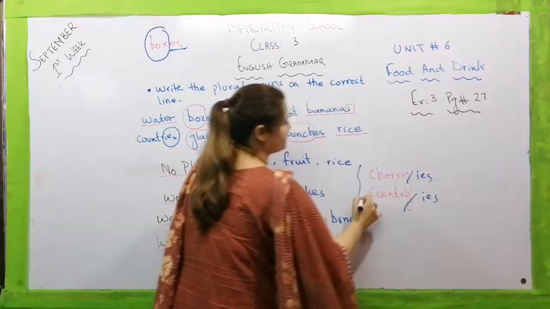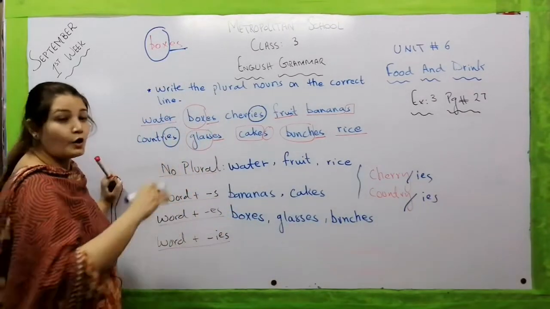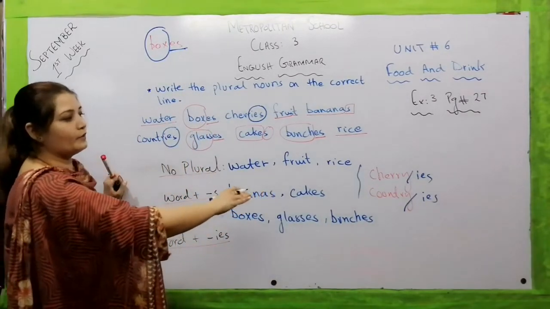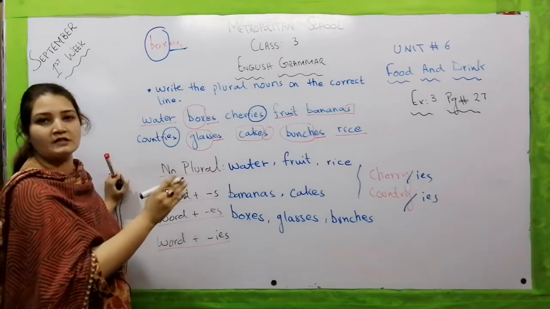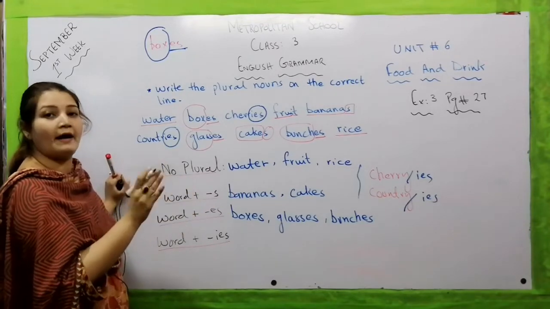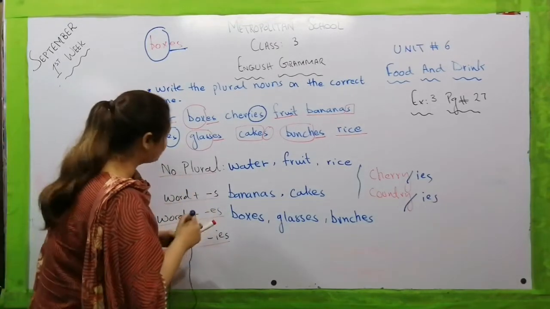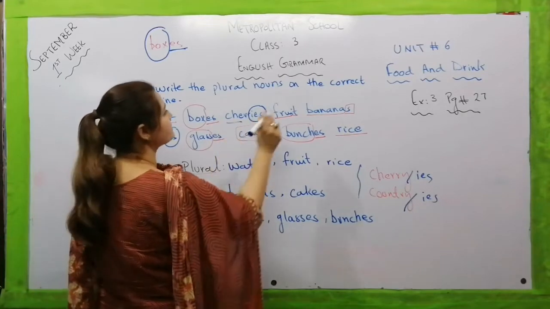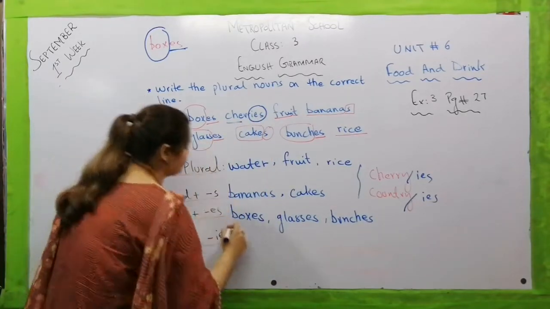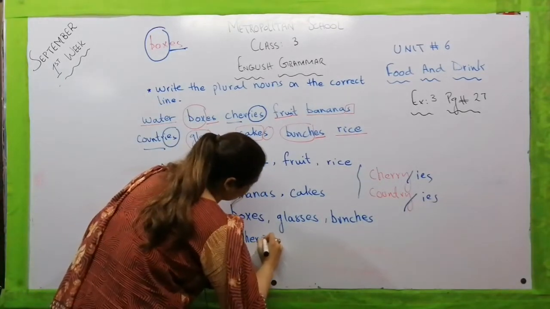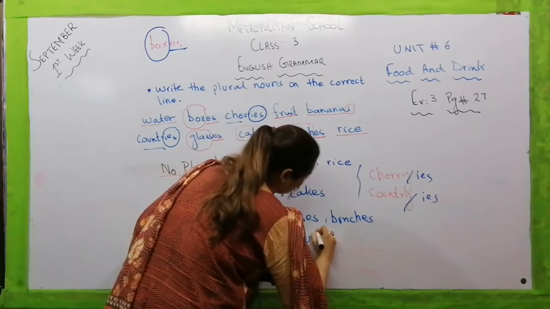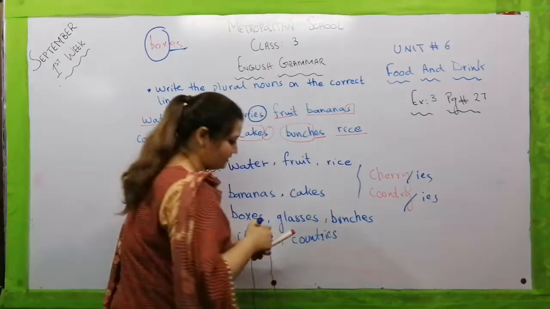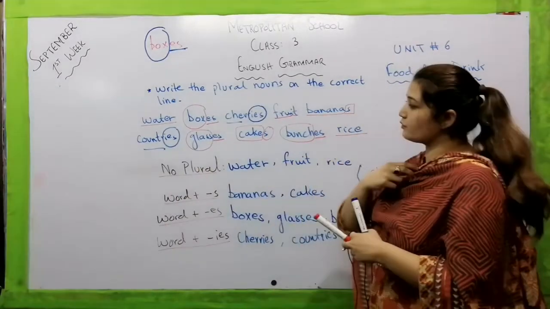This IES. This is the easiest way to make plurals of words that end with Y. You have to skip Y and add IES. Now let's put these words here, cherries, and what is left? Countries. Cherries and countries.